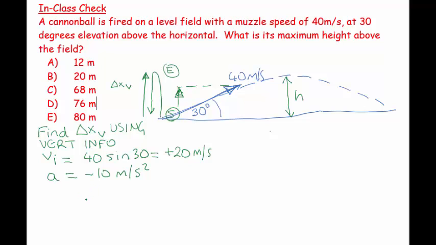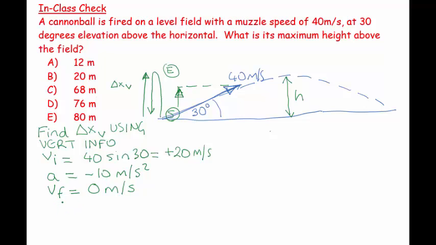I need another thing, and conceptually I recognize that my vertical velocity at the top of the journey equals 0. It stops going up before it starts falling down. So that is 0 meters per second. And that's a conceptual understanding.